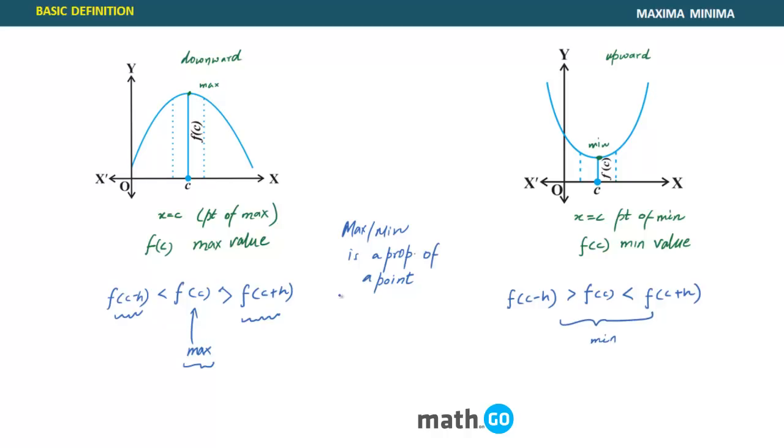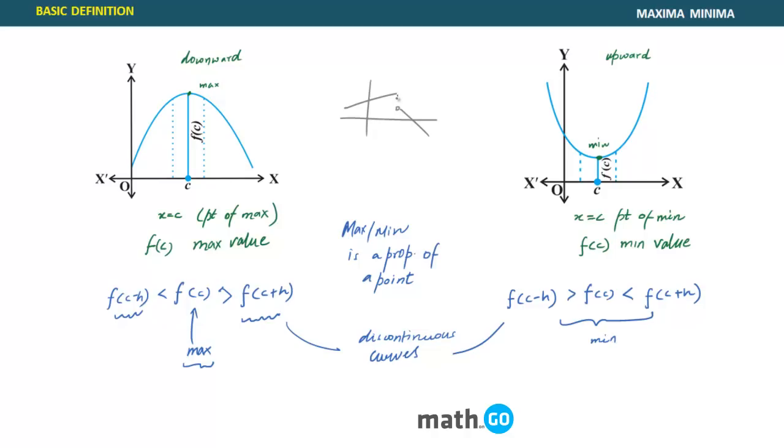So this is the definition of a point being maximum or minimum, and this is pretty useful when you have discontinuous functions. This is true for discontinuous functions as well. Though in your syllabus you generally find continuous curves, this is true for discontinuous curves as well. For example, if I draw a particular curve with this shape, this is the point, and then after this it reduces like this.